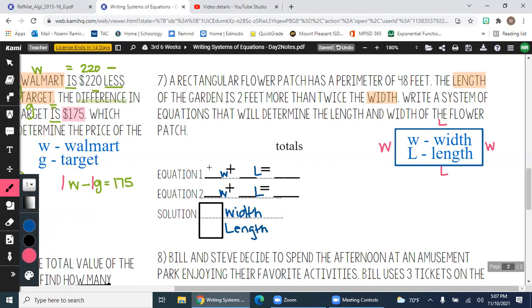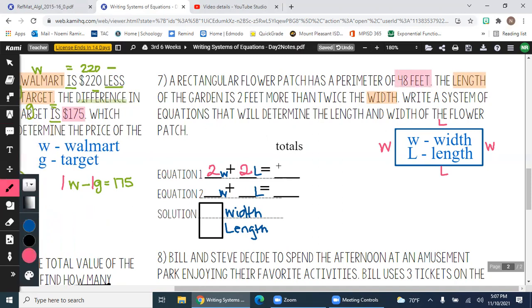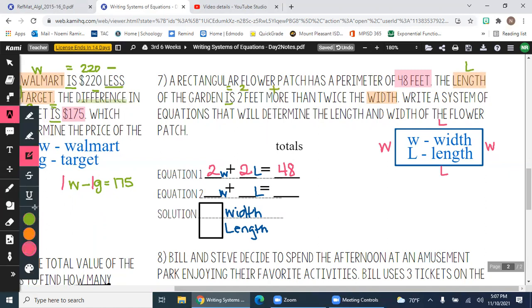We have 2 widths, 2 lengths for a perimeter, or a total of 48 feet. And we have to translate that next one. So let me just write my 48 here. Switch over. The length translates to L of the garden is means equals 2 more than, there's my word than.